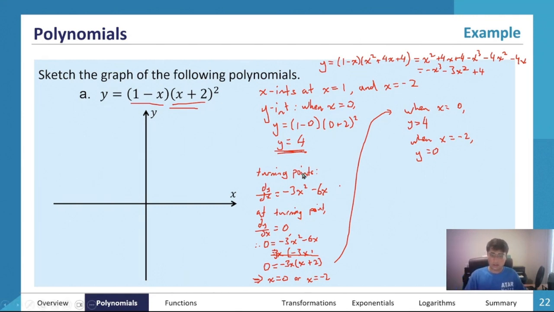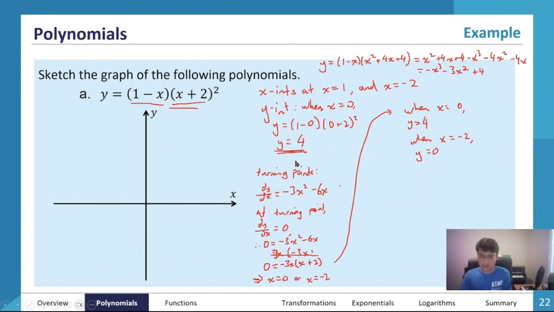So we know now the turning points. We have one at 0 and 4, and -2 and 0. We know what the y-intercept is, y equals 4, and we know what the x-intercepts are. So it's x equals 1 and x equals -2.